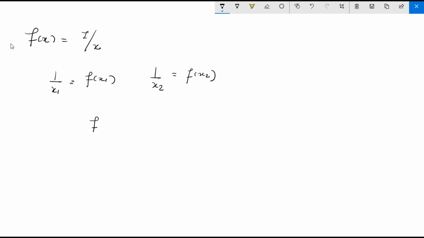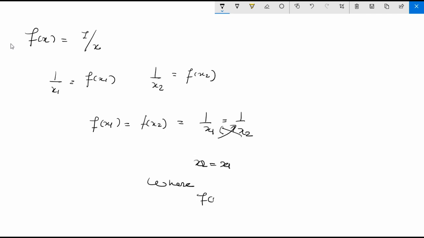So for my f of x1 equal to f of x2, which can be written as 1 upon x1 equal to 1 upon x2, if I cross multiply, then I will get x2 is equal to x1, where f of x1 is equal to f of x2. This kind of a function is called a 1-to-1 function.